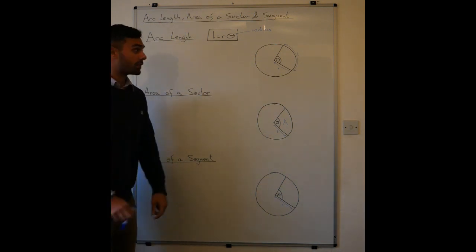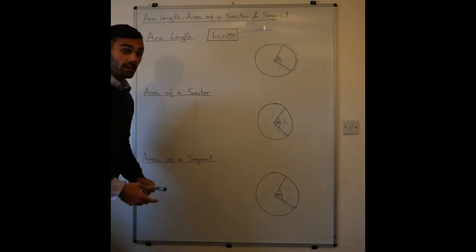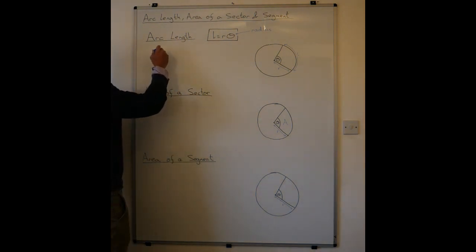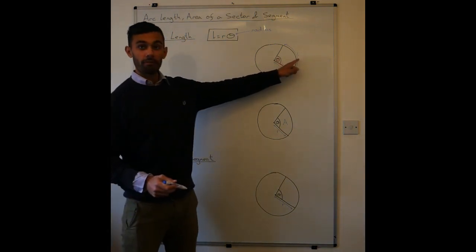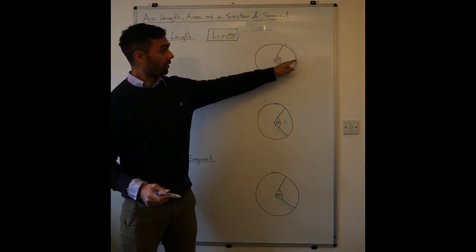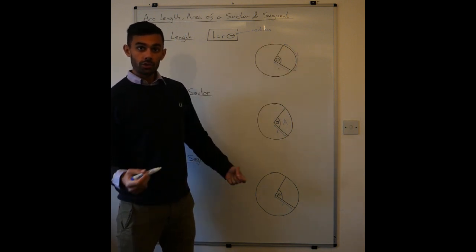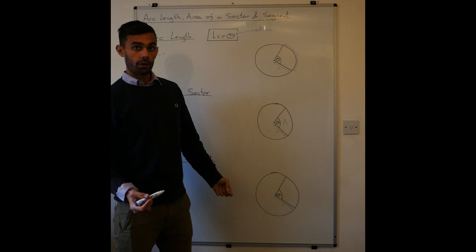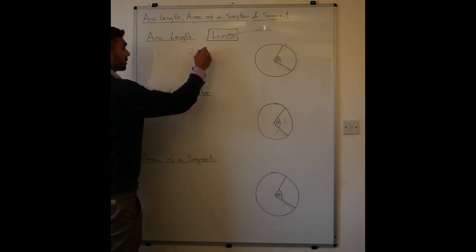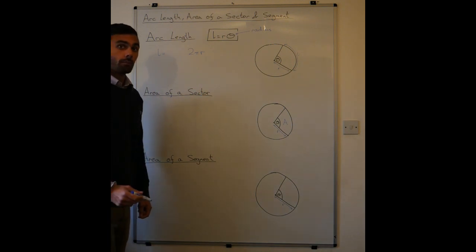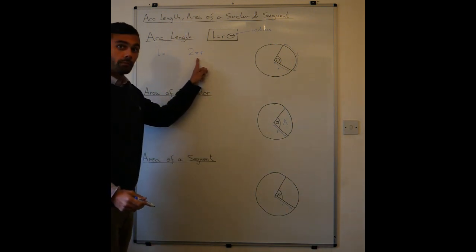Alright, so where does this formula come from? Well, one way to think about it is to work out this arc length, it's a fraction of the whole circumference. How do you work out the circumference of a circle? It's 2 pi r. So we just want a fraction of this circumference here.